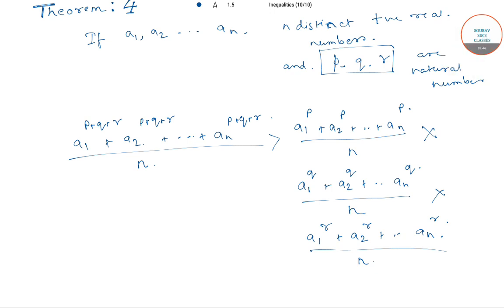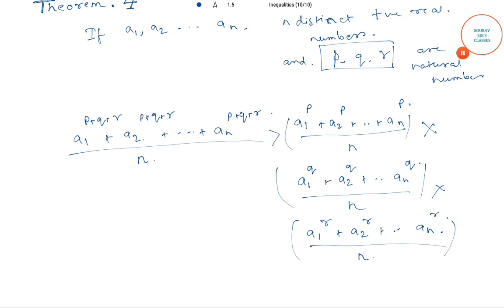What we have here is that the arithmetic mean of the P plus Q plus Rth powers of Ai is greater than the product of the arithmetic mean of Pth powers of Ai into the arithmetic mean of Qth powers of Ai into the arithmetic mean of Rth powers of Ai. So this is the theorem.